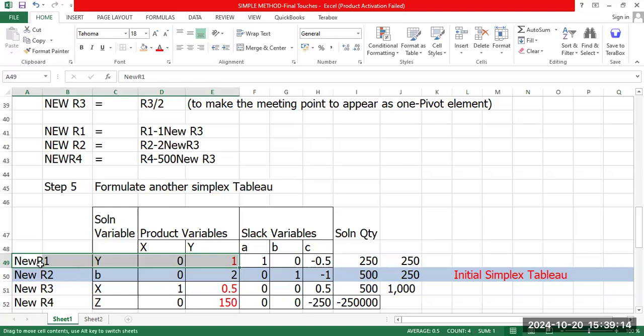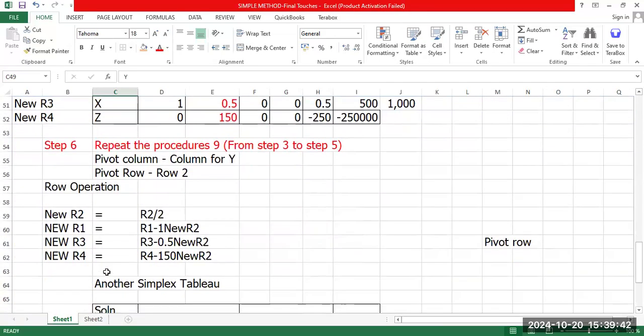Because this one is subject to pivot row. This one is always subject to pivot row. Where you are changing a slack variable because of a formula, that one is always subjected, or it can be overridden by what? By your pivot row, in case it is there. I don't know whether you have understood.